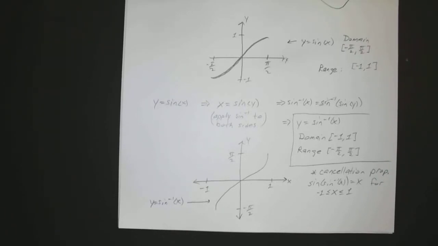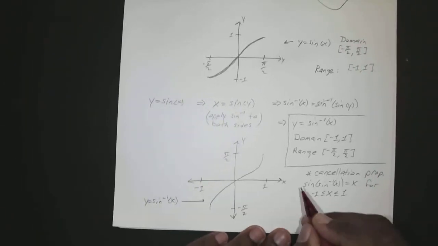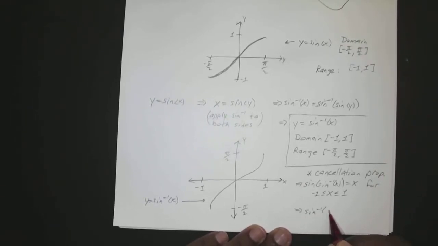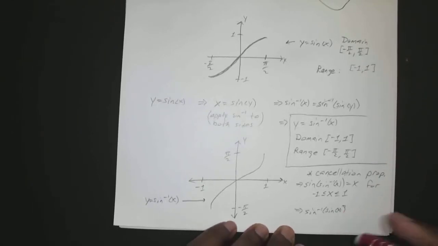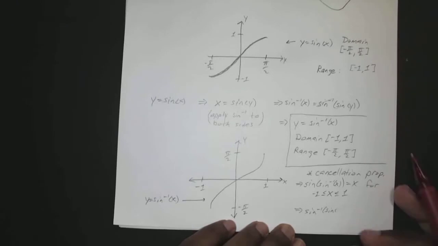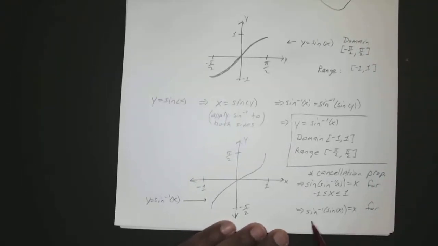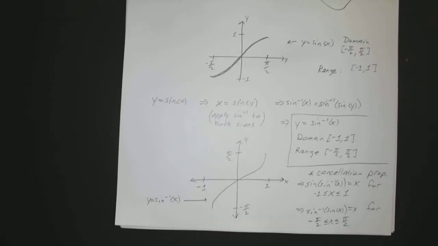But if you did switch them over, sine inverse of sine of x, I guess you could use y there, but they usually stay with x, equals x for negative pi over 2 less than or equal to x less than or equal to pi over 2. But in most cases, you'll see that as y since they're talking about your range. But overall, they usually try to stick with x.